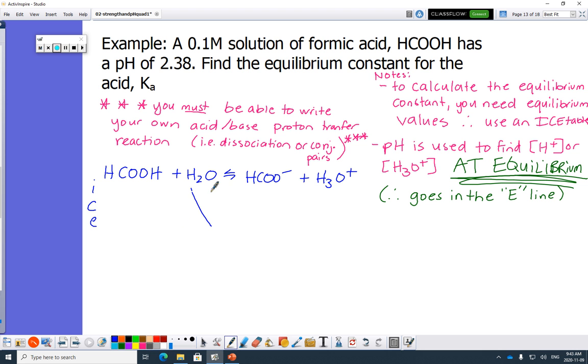But we're going to cross out the water because it's a liquid, so if you prefer to be shorter, you can write that too. You'll get the same answer. It doesn't matter, okay?